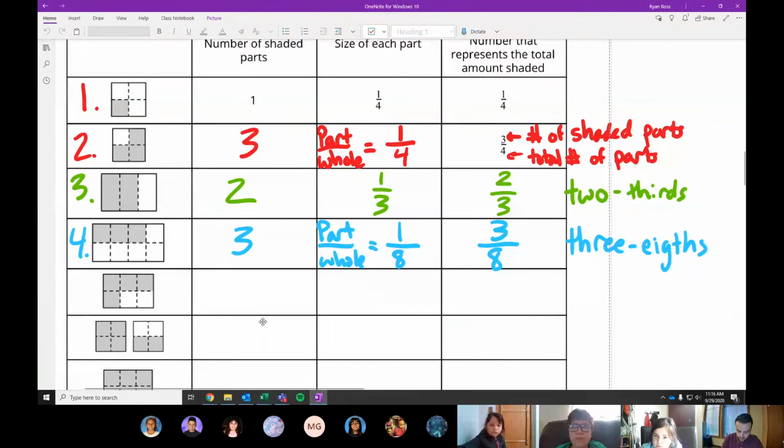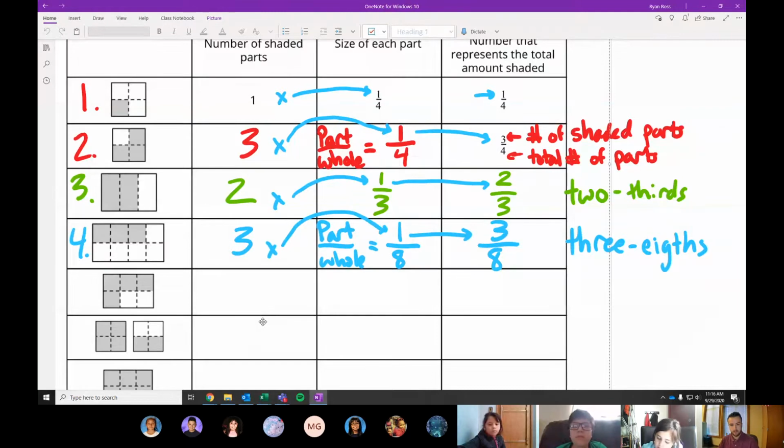Do you see how we can take the total number of parts right here, and we can multiply it by the top number there and get the top number there? Same with here, 3 times 1 equals the number on top, 3. 2 times 1 gives us the number on top of 2. 3 times 1 gives us the number on top of 3.